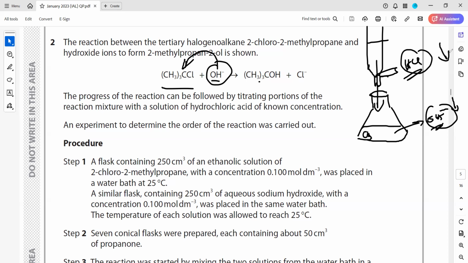We need less hydrochloric acid, because if we carry it out immediately, we need more. But if it is not carried out immediately, you take some time to carry out the titration, then the amount required will be less, because the hydroxide concentration will decrease.